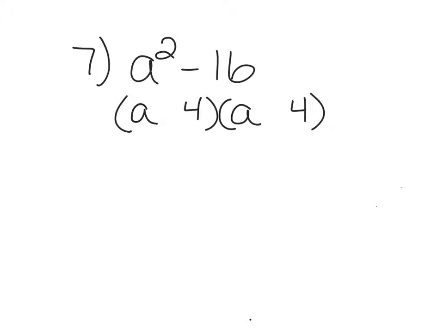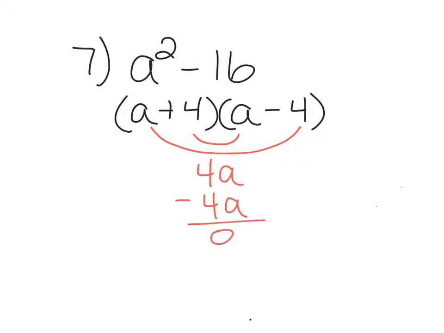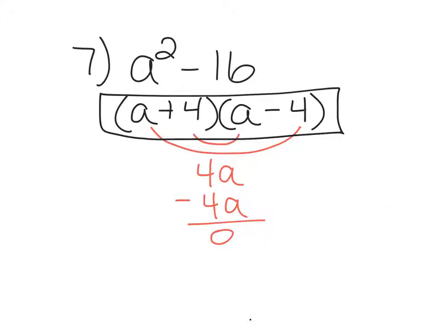Now 4 times 4 has to be negative, so that means one is positive and one is negative. And check this out. When I do the middle, I get positive 4a, and when I do the outside, I get negative 4a, and that cancels out. So I have my two factors, (a + 4) times (a - 4).